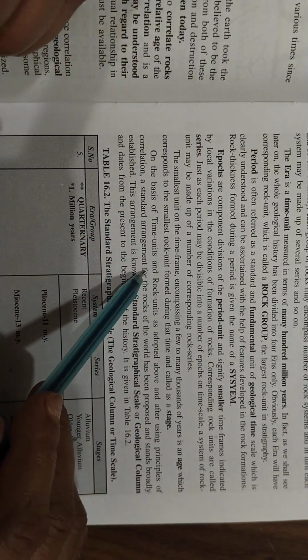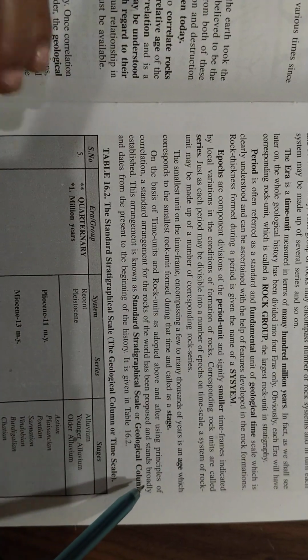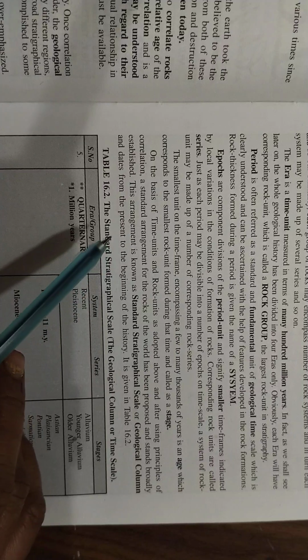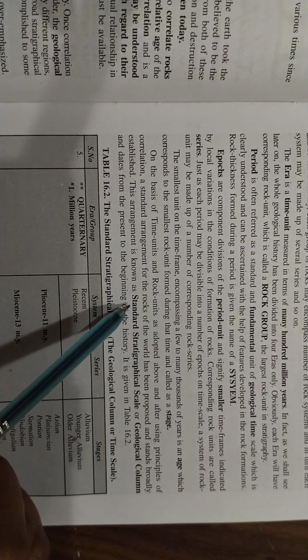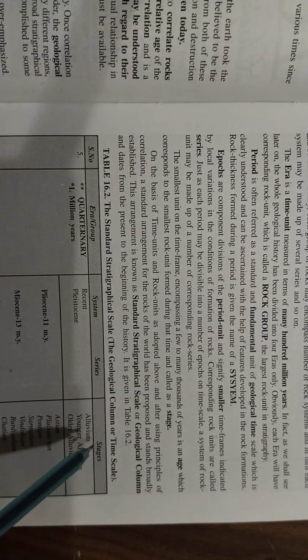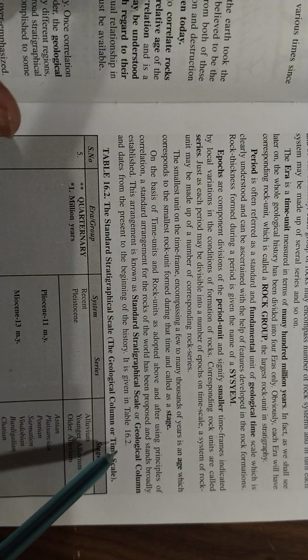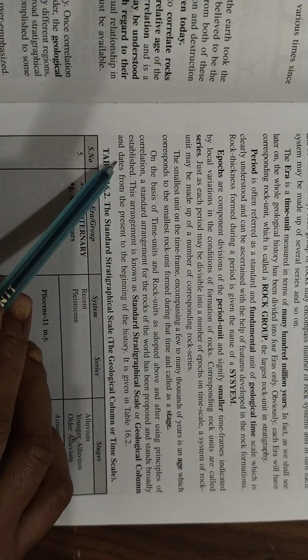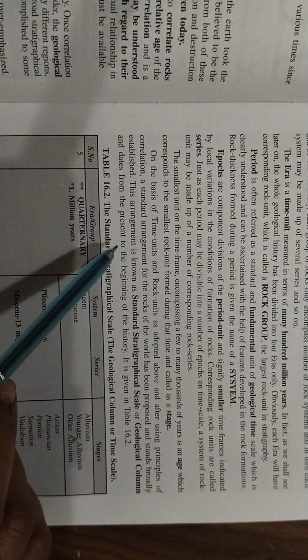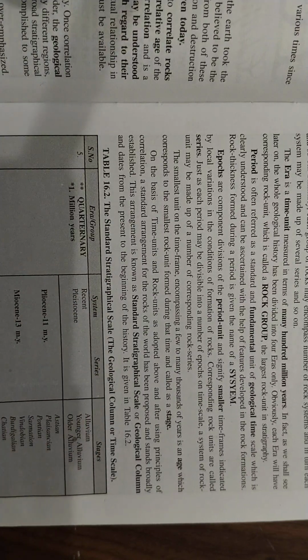On the basis of time unit and rock unit as adopted above, and using principles of correlation and standards, an arrangement for the rocks of the world has been proposed and stands broadly established. This arrangement is known as the standard stratigraphical scale or geological column, and dates from the present to the beginnings of the history. It is given in the table.